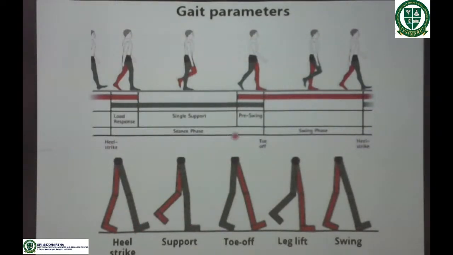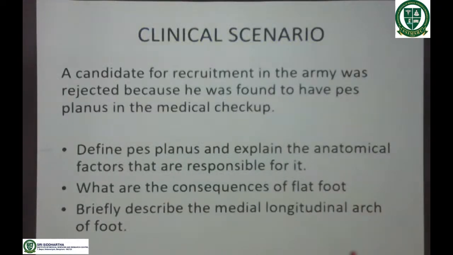So the gait cycle includes the stance phase and the swing phase. The stance phase includes heel strike, support and toe off. The swing phase includes leg lift and swing. That's about this gait cycle.